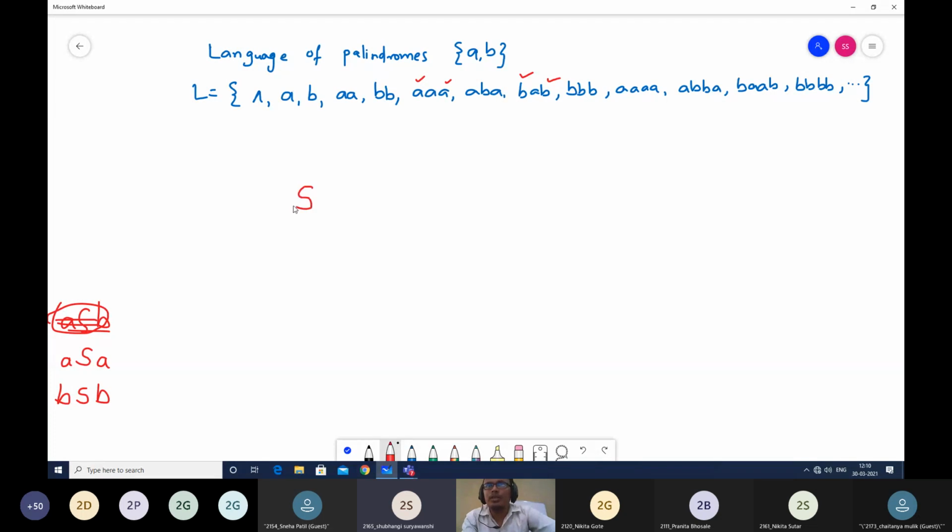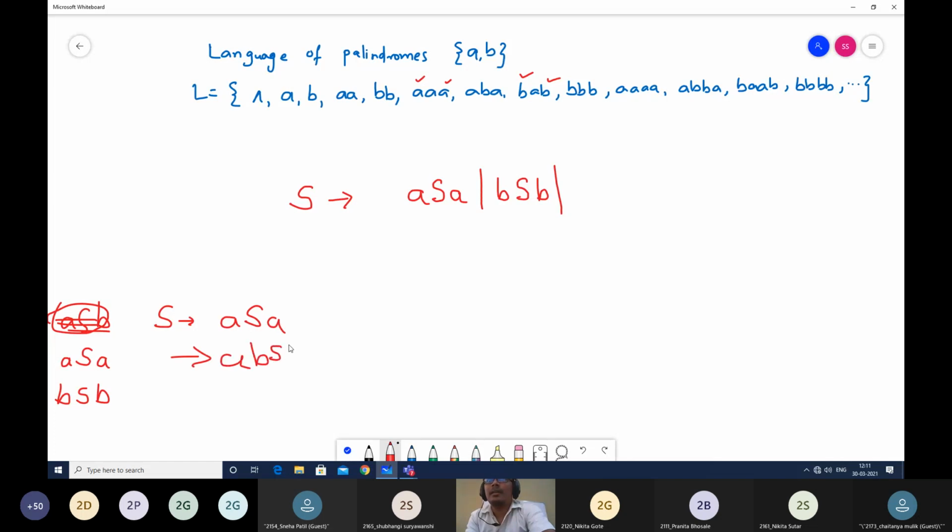So if I try to write the production rule for this, how will I write? S gives ASA and S gives BSB. Correct? For every A, I have a matching A, and for every B, I have a matching B. Now, if I want strings like ABBA, still I can get that, because I'll apply first S gives ASA and then I'll apply S gives BSB.